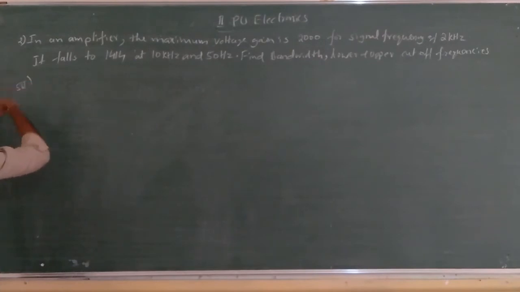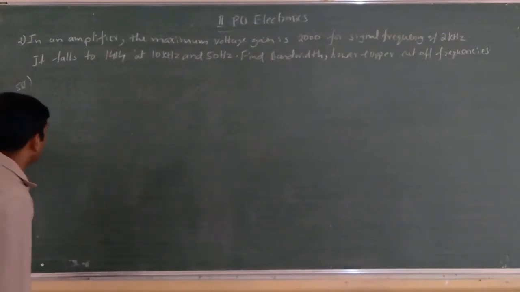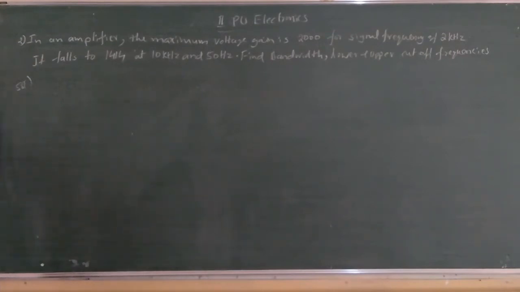Solution. See, this problem comes from the frequency response curve of the amplifier. Just look at the values given here. In an amplifier, the maximum voltage gain is 2000.